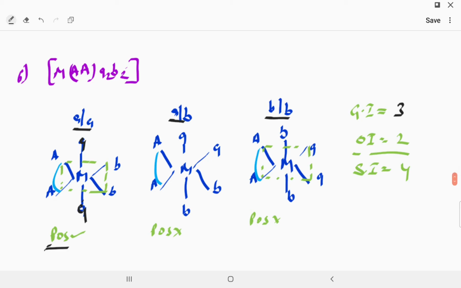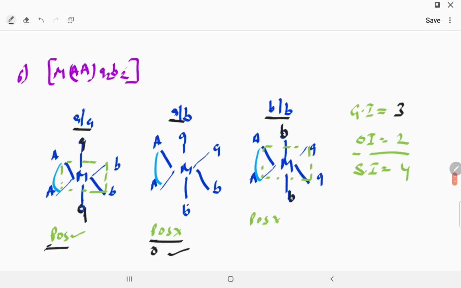Now understand, there is AB trans. This A and B are trans, there is no POS plane, so it will show optical also, dextro and levo. Now in the last one, you are able to see BB trans. This is a B, this is a B. They are opposite, and this is a plane of symmetry.